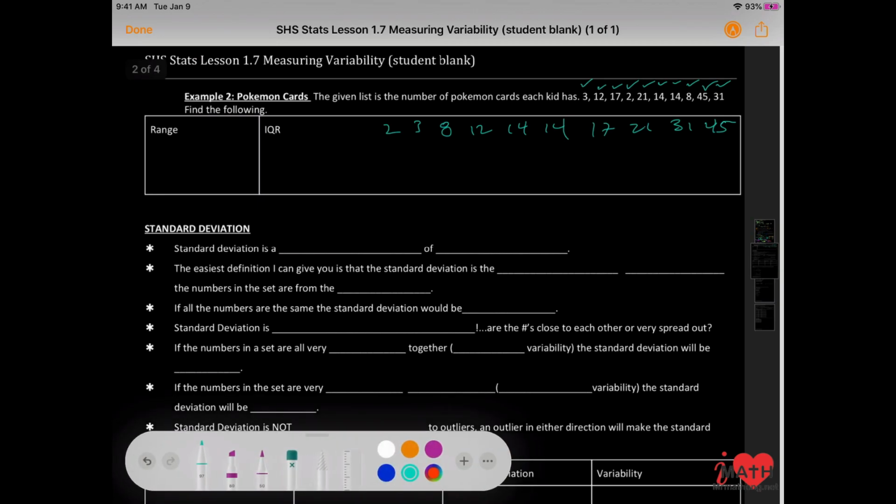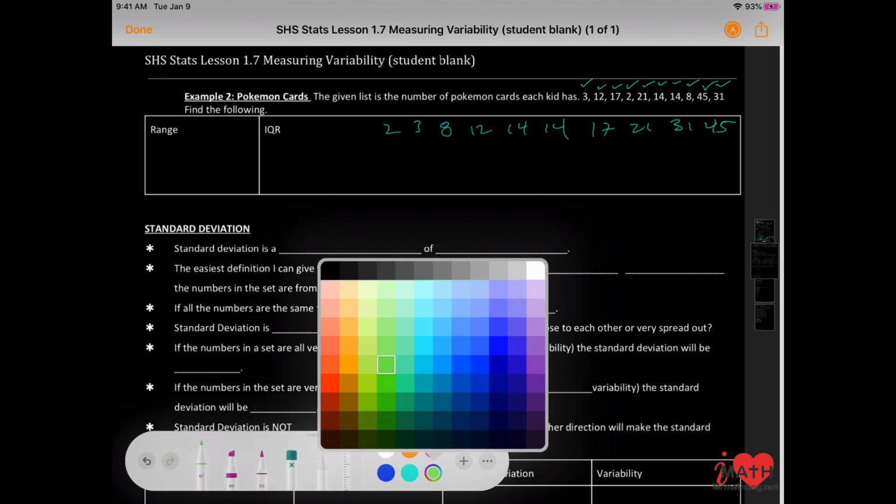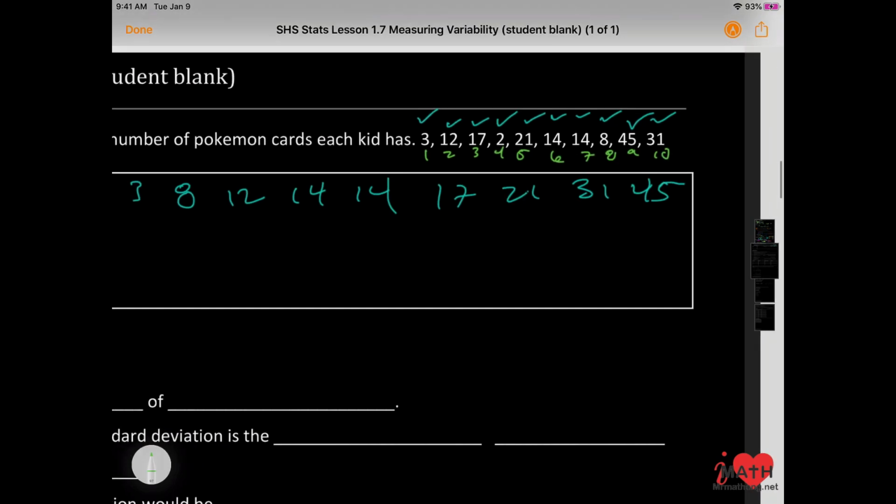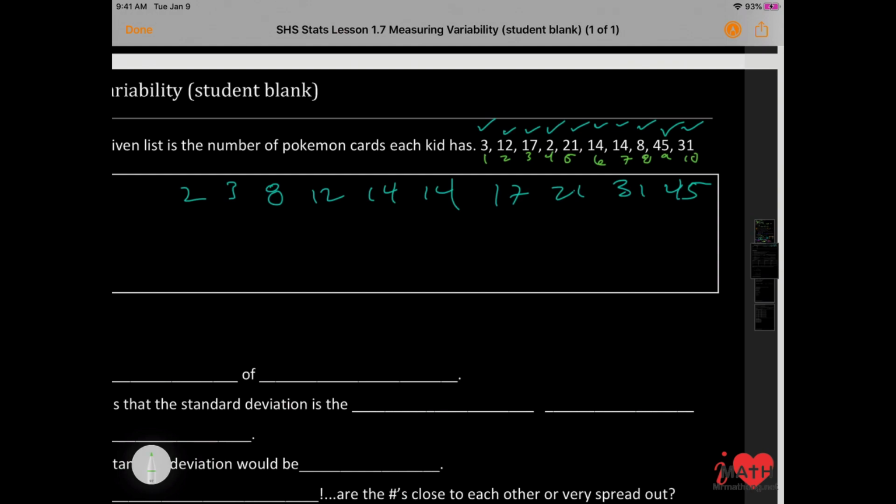Okay, I'm going to go back and just double check that all these numbers are there. I'm going to just count how many numbers are here. 1, 2, 3, 4, 5, 6, 7, 8, 9, 10. Okay, so I'm going to say n is equal to 10. N just means how many numbers are in our list, how many Pokemon cards. Okay, think about it, you have 10 kids. So I need to have 10 numbers down here.